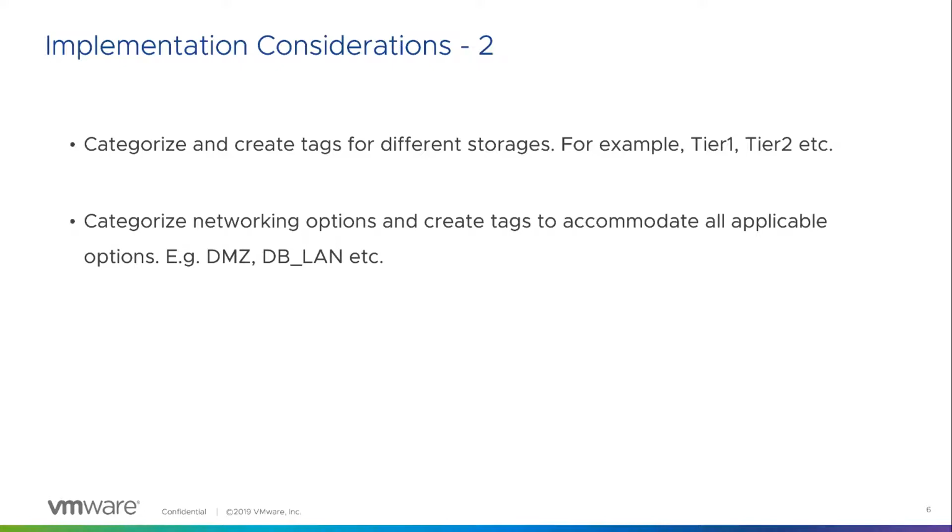You should have networking for production, and then test dev, and then DMZ. For all those segregations, you should create separate tags so that at runtime, or while creating blueprints, you should be able to select, okay, this is the network it should be deployed to, and based on the selection, based on the tag, it would be placed in that network.